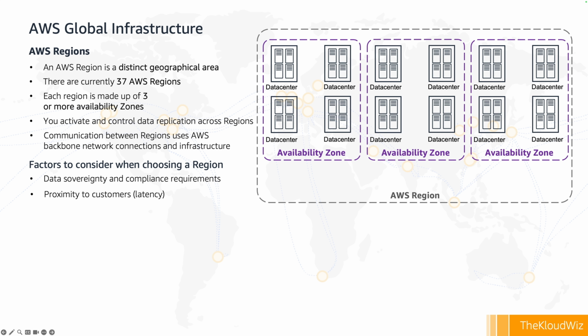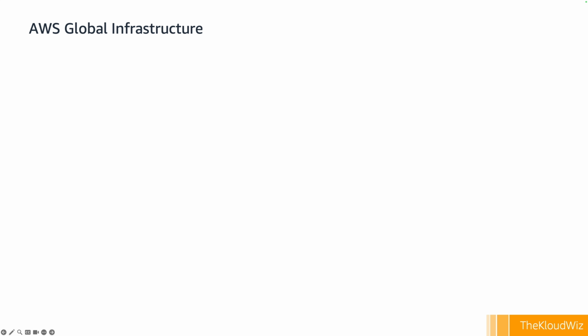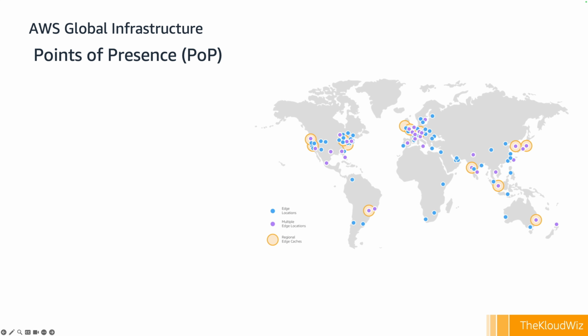And then also you have to consider proximity to customers just so you don't experience high latencies. Also, not all services are available in all the regions. So you also want to check the service availability within that region, as well as cost, since it varies by region.